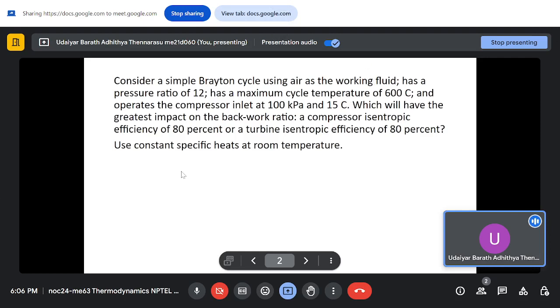They've also given that your compressor inlet is 100 kilopascal, so you know one of the pressures, and the inlet is at 15 degrees Celsius. Now they are asking which will affect more, a compressor isentropic efficiency of 80% or a turbine isentropic efficiency of 80%.